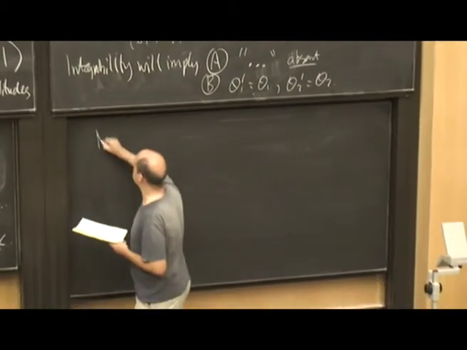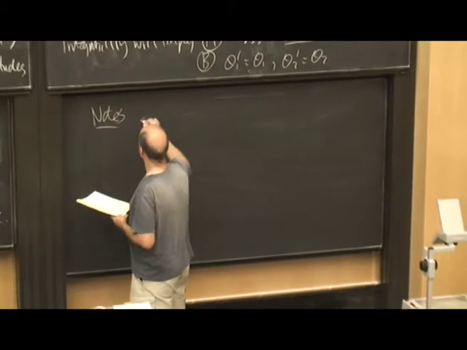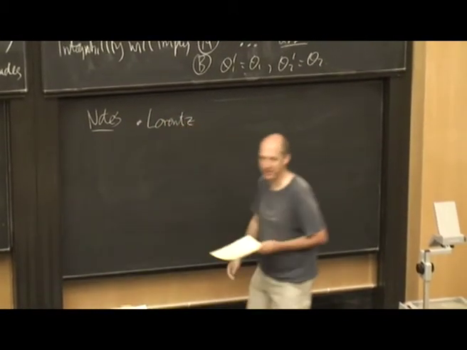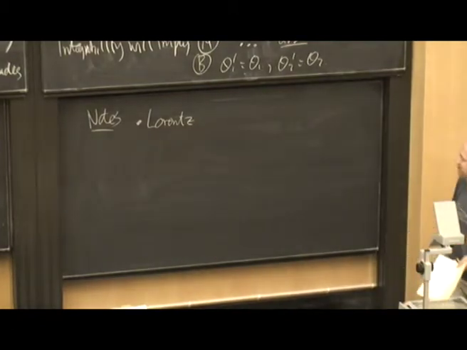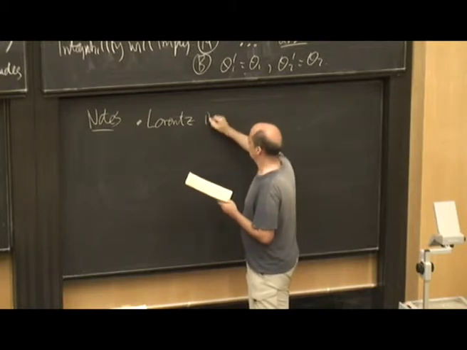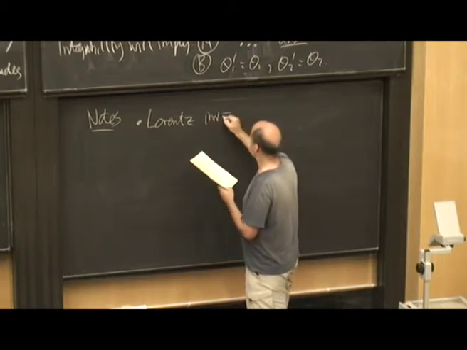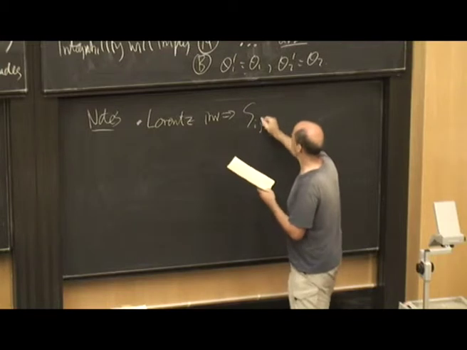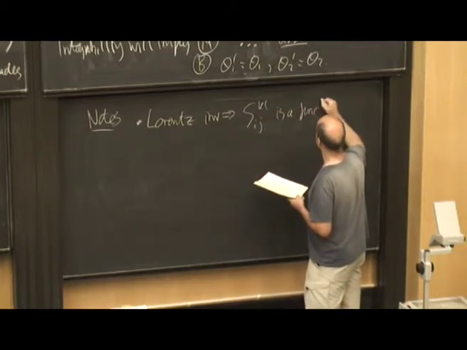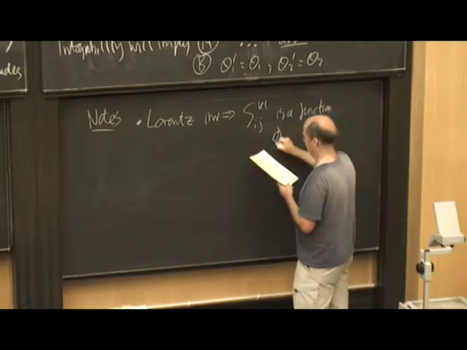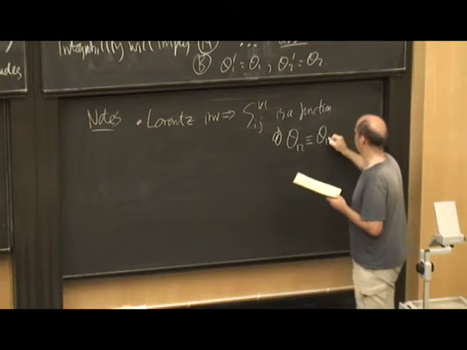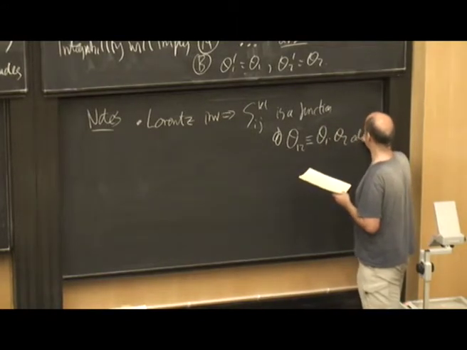And some other notes: by Lorentz invariance, which is true of the theories I'm dealing with, and may not be true of theories you come across later in the week, that implies that S_IJ^KL is a function of theta_12, which is theta 1 minus theta 2 alone.